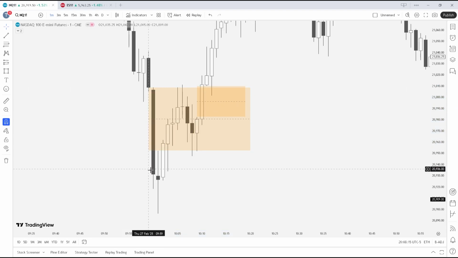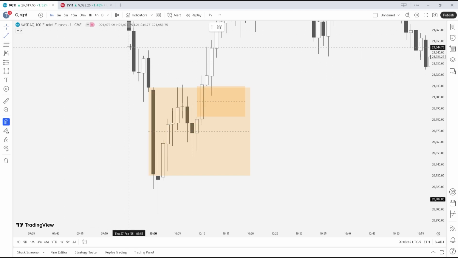Also down here, you have a volume imbalance, so what you want to do is mark out the fair value gap like this. This would be your SIB right here. There's also another SIB, or bearish fair value gap, in this chart. It might be hard to see, but it's right here.